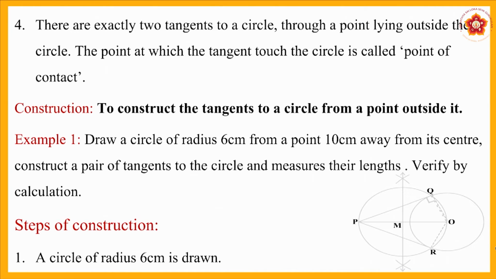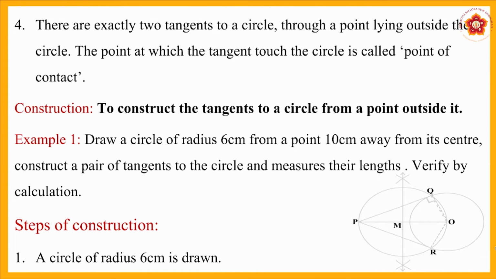Now, coming to construction of tangents to a given circle from an external point. The problem is, draw a circle of radius 6 centimeters, and the device you are using is compass.